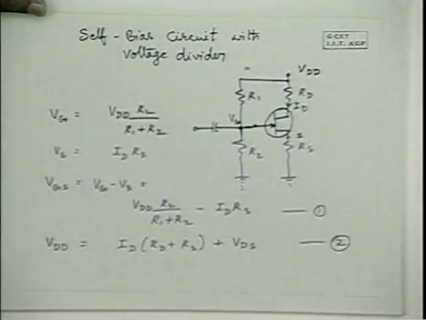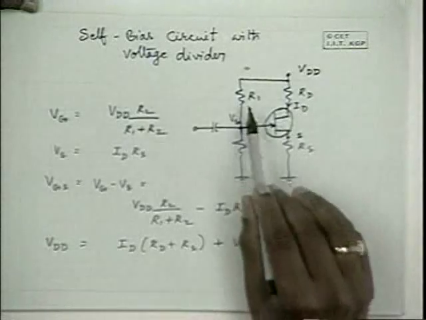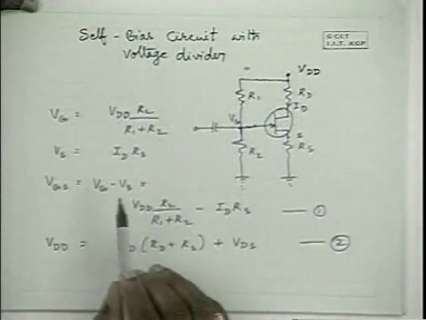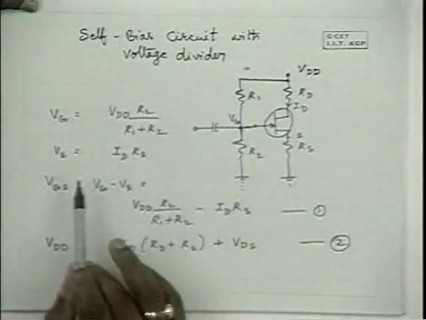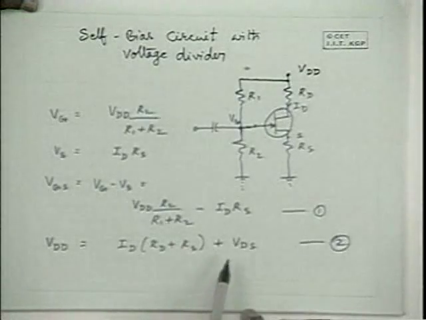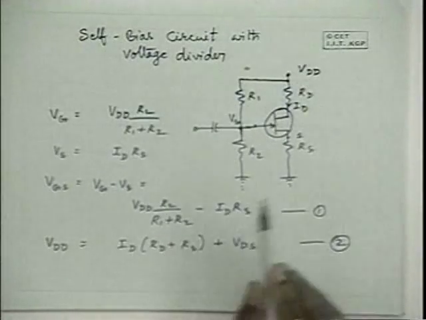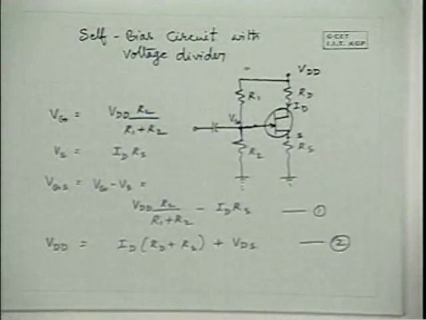Now the design problem is the reverse problem. Given the circuit and the Q point, ID and VDS, you have to find out RD, RS, R1 and R2. Here you have more unknowns than knowns, than equations.